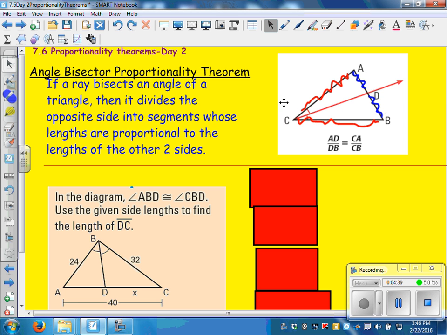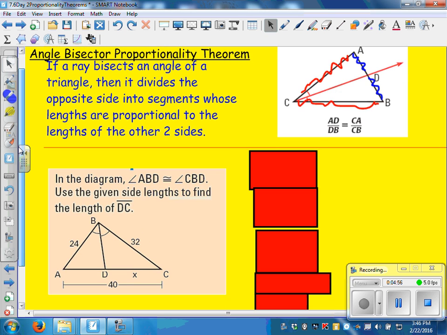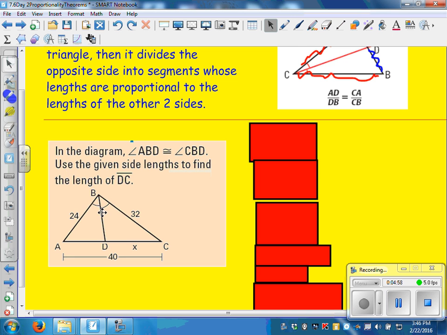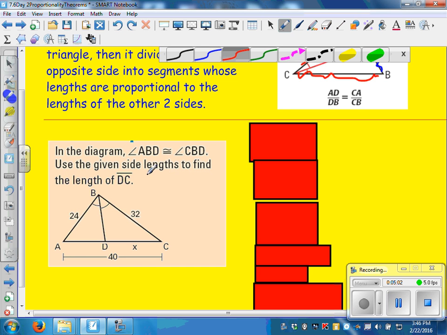The reason for this is the fact that CD as a bisector creates congruent angles. Additionally, CD is going to be congruent to itself. You're going to end up with a side angle side similarity situation. In the diagram, they tell you that angle ABD is congruent to angle CBD. And you can see they're marked here.